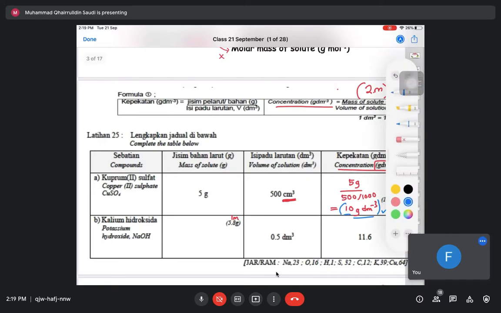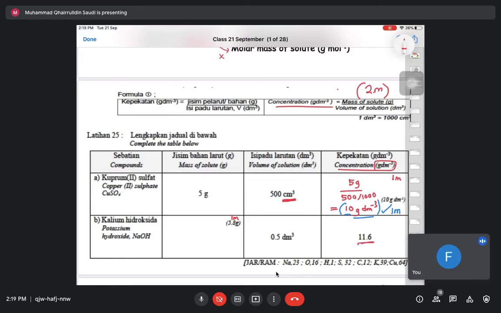Mark your work. Next one: it's given the concentration in gram per dm cube. It's also given the volume of solution in decimeter cube. They want the mass of solid in gram. So you just reverse the formula here. They want the mass of solid, so volume times concentration.